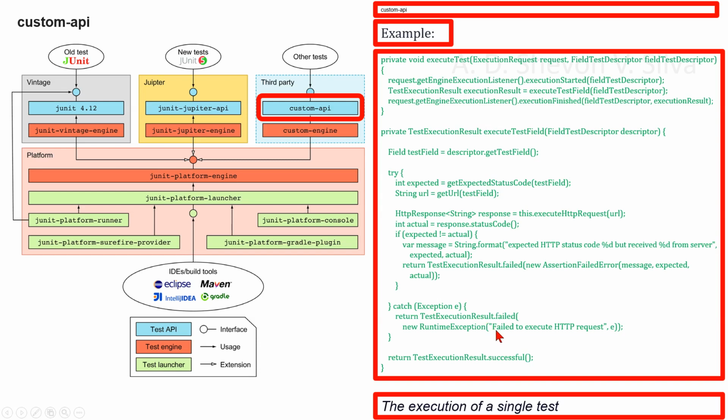If all goes well, the method returns a TestExecutionResult.successful result. This basically is the complete custom test engine.